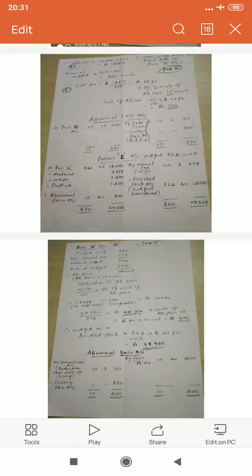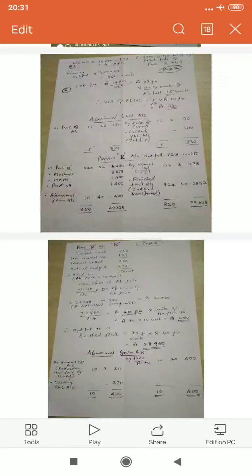Then additional raw material worth rupees 3000 has also been fed into process P. Then direct wages 2500. Production overhead is identical to that of direct wages and accordingly it is put at rupees 2500. Now on the debit side, all the heads of expenditure or items of costs are over.